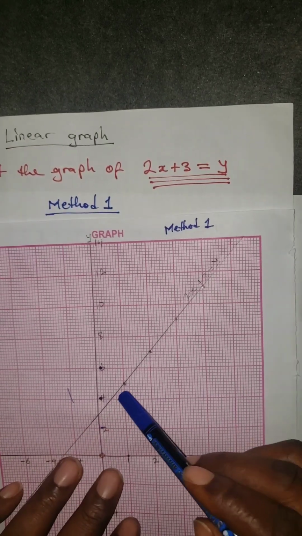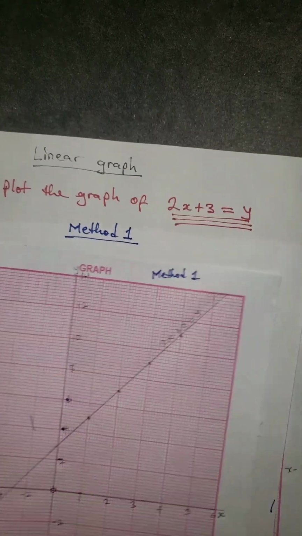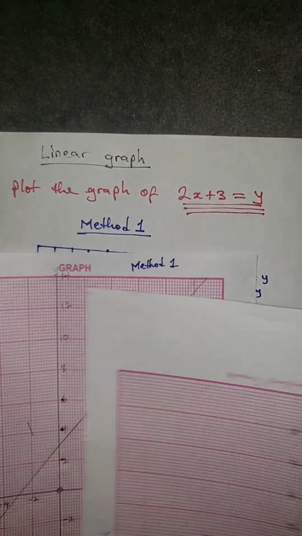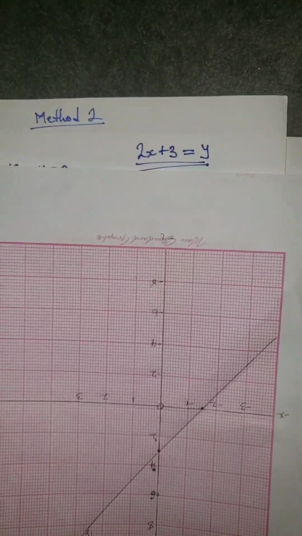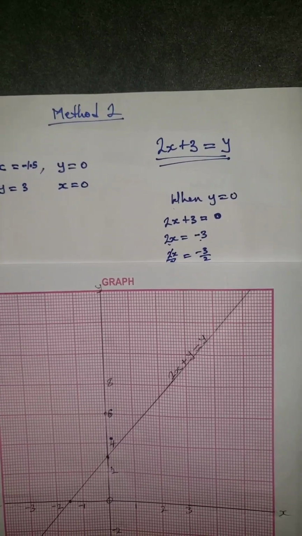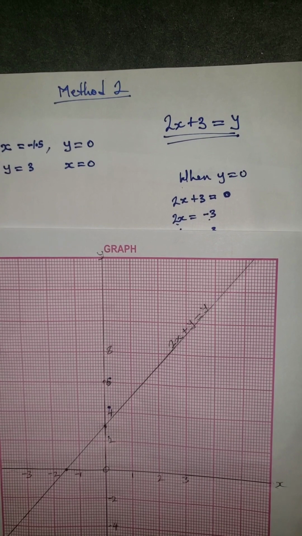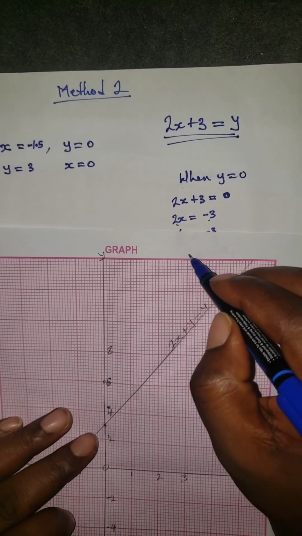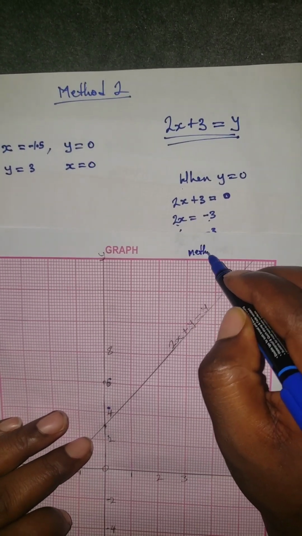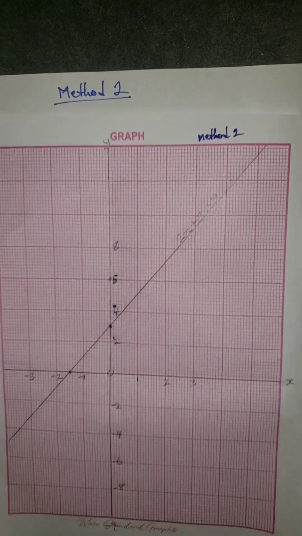So you make use of your table of values to locate the points and join the points with a straight line. Then this one is the one that we used the second method for, which we need only 2 points. When s equals 0 and when y equals 0, the corresponding value of y and s. So this is our method 2 graph.